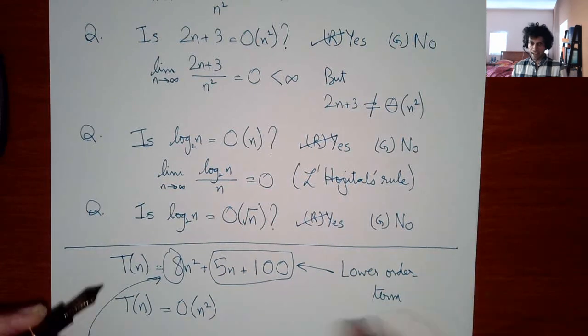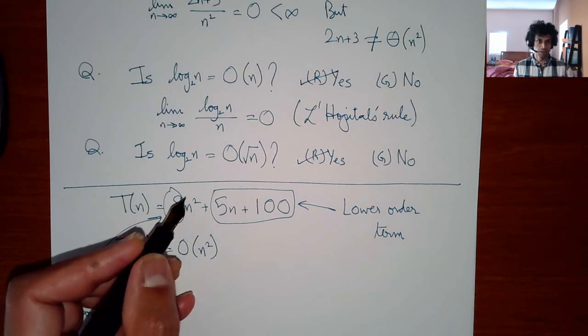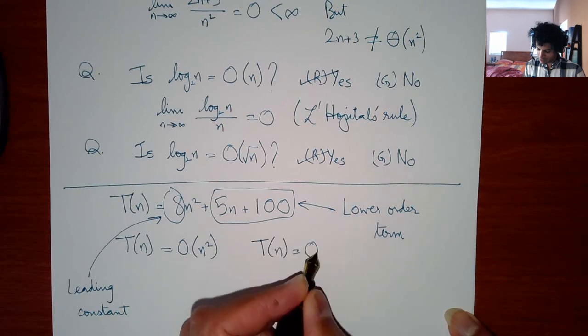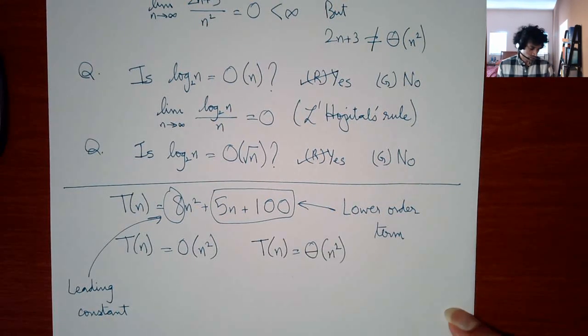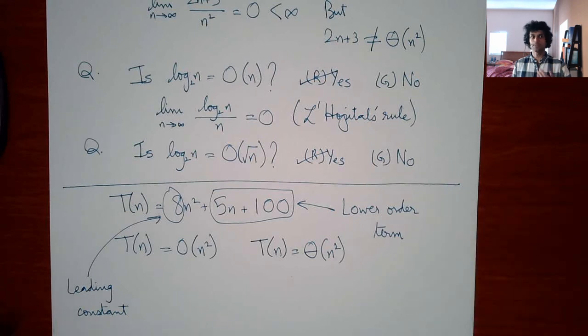The asymptotics of this function are determined by the highest degree. And so you say that in this case T(n) is actually theta of n squared. So we ignore the leading constant and we ignore the lower order term. And that's what happens when we do asymptotic analysis.